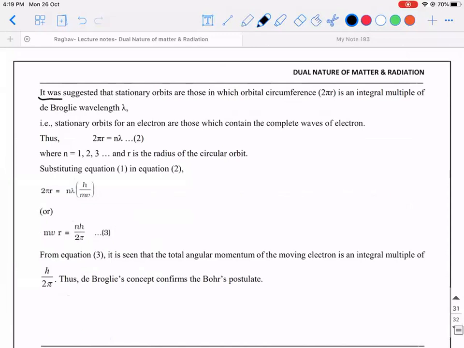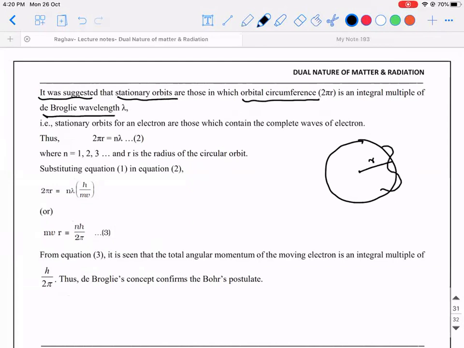So we know that it was suggested that stationary orbits, what do you mean by stationary orbits? Those orbits where the angular momentum is quantized are those in which the orbital circumference is an integral multiple of the de Broglie wavelength. Okay, that is observed. If this is the radius, and the electron is going to have wave nature associated with it, that is going to travel like a wave.